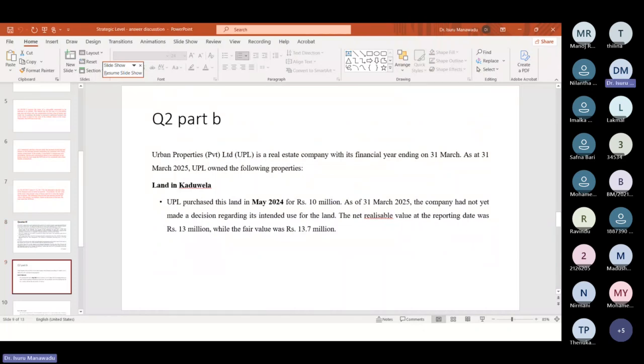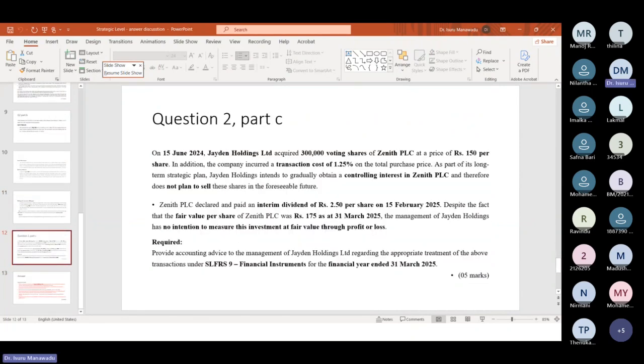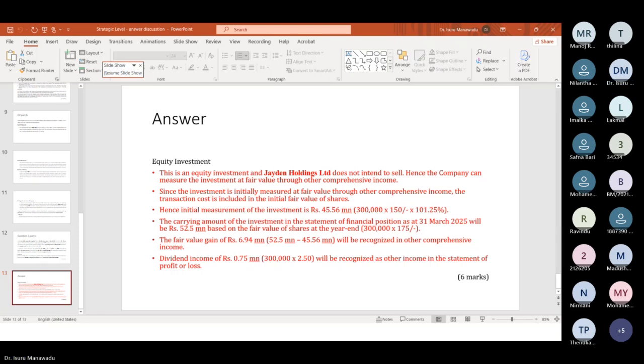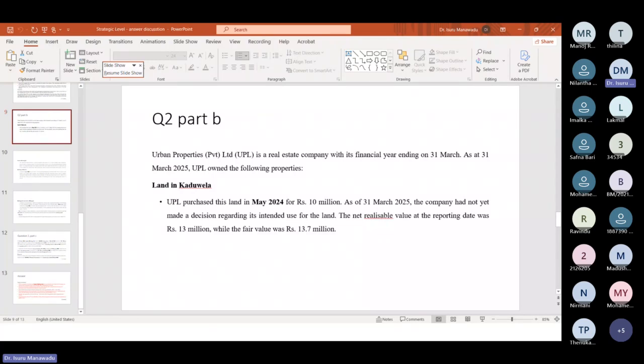Part C already done. Now we need to discuss part 2, that's on LKS 40. Shall we take a small break before starting this? Refresh and come.